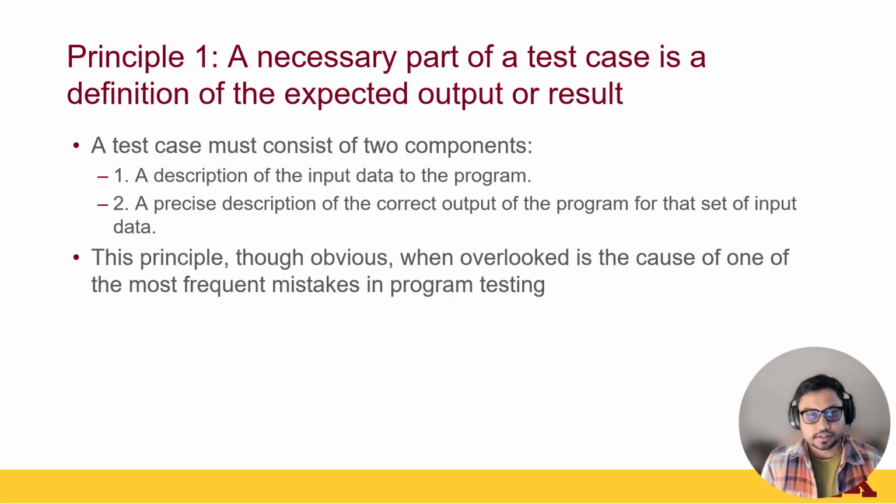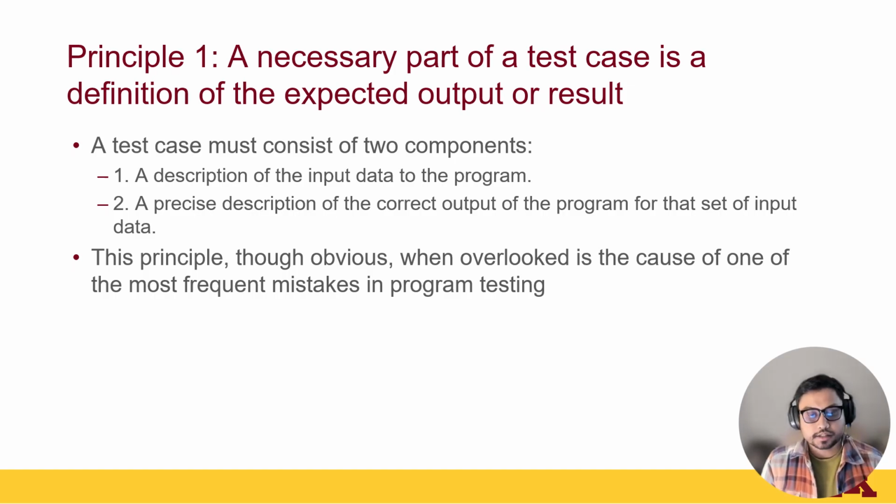This approach is dangerous because humans are very good at rationalizing incorrect output, especially when the output is very complex and large. Defining expected output forces the developer to think carefully about program requirements before execution. It also separates the act of testing from subjective judgment.